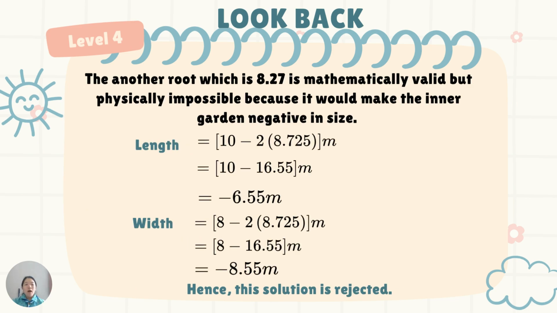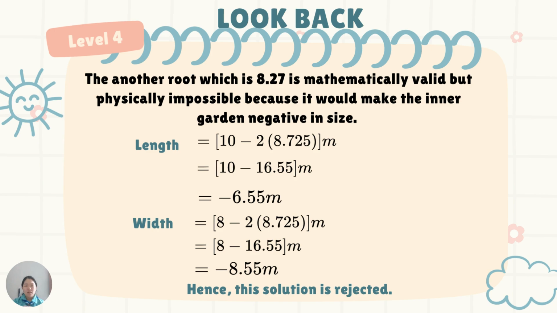But why can 8.275 not be the answer? Let's try to substitute 8.275 into the formulas of length and width. After substituting it into both formulas, we could see that the answers are negative.